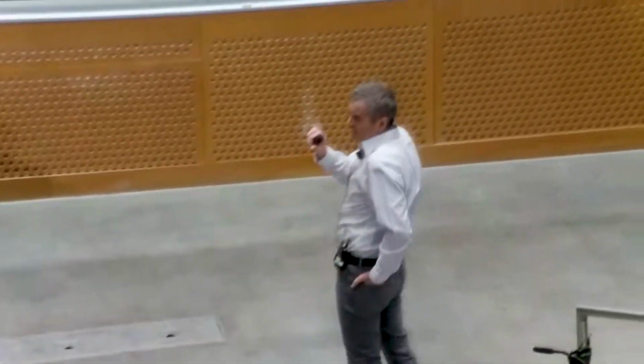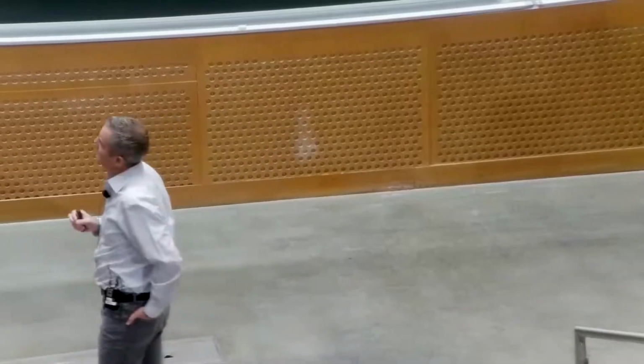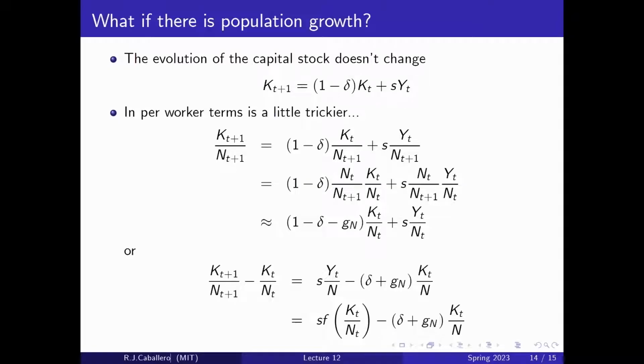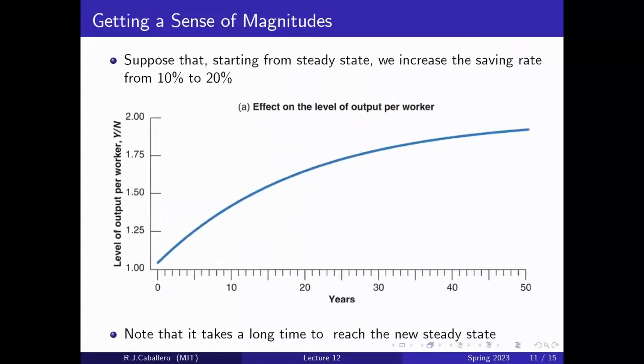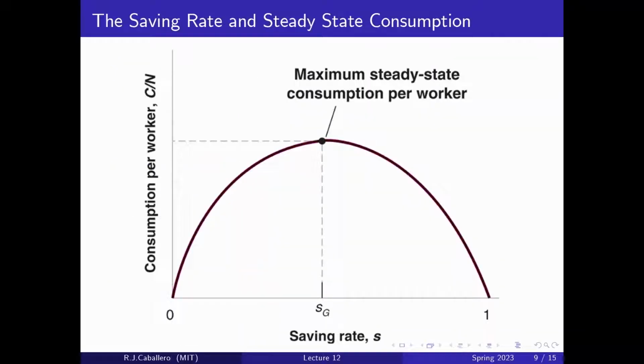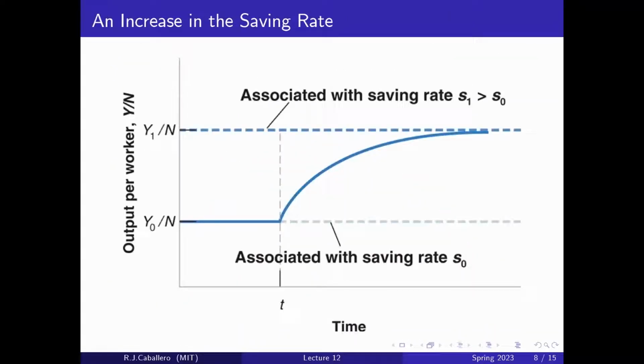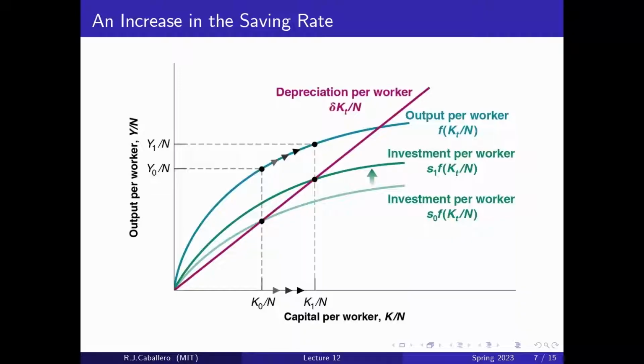The thing that is a little trickier is that in this case where population was not growing, I could have just eliminated this n. It's a constant, and I would have done everything in the space of capital and output.